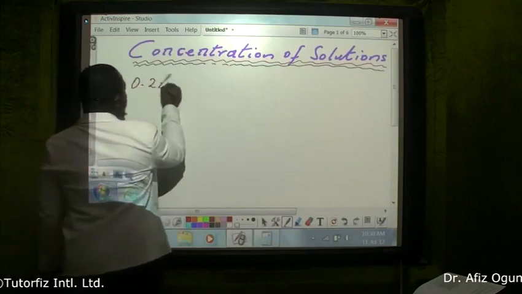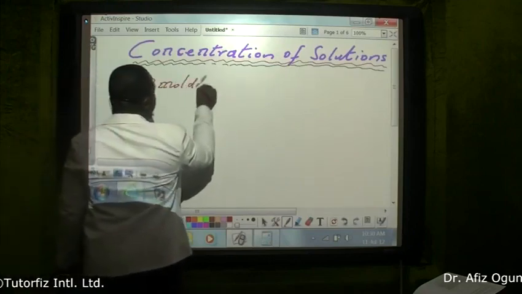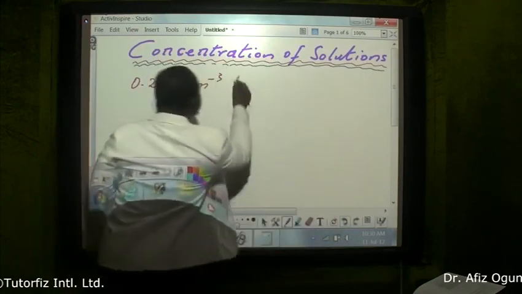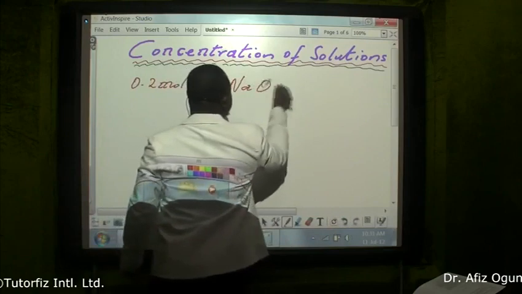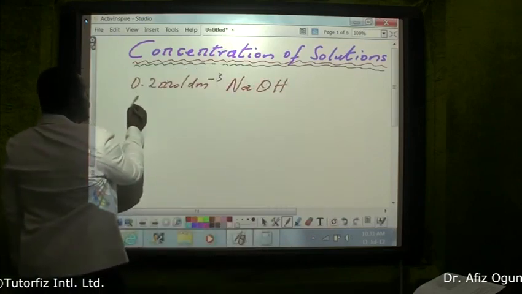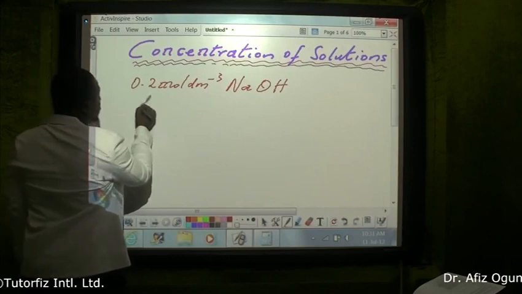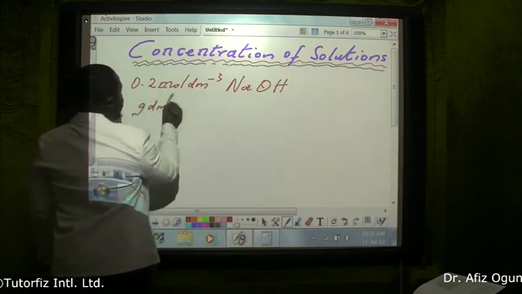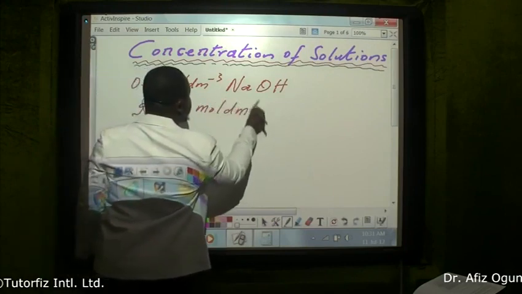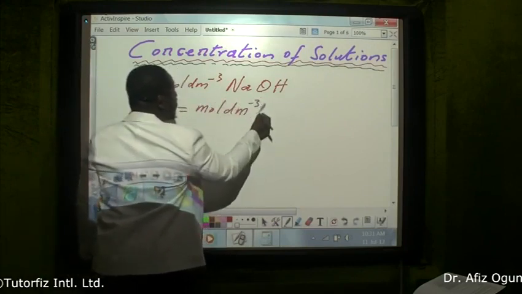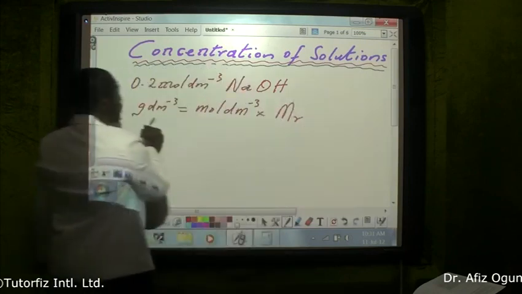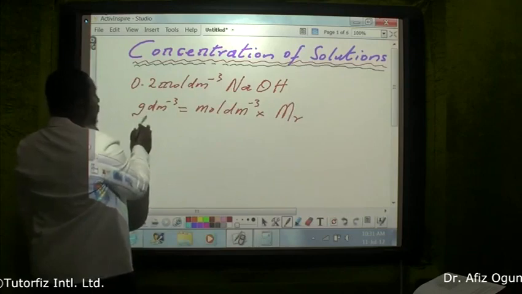So again we go back to our formula: gram per dm cube equals mole per dm cube multiplied by molar mass.